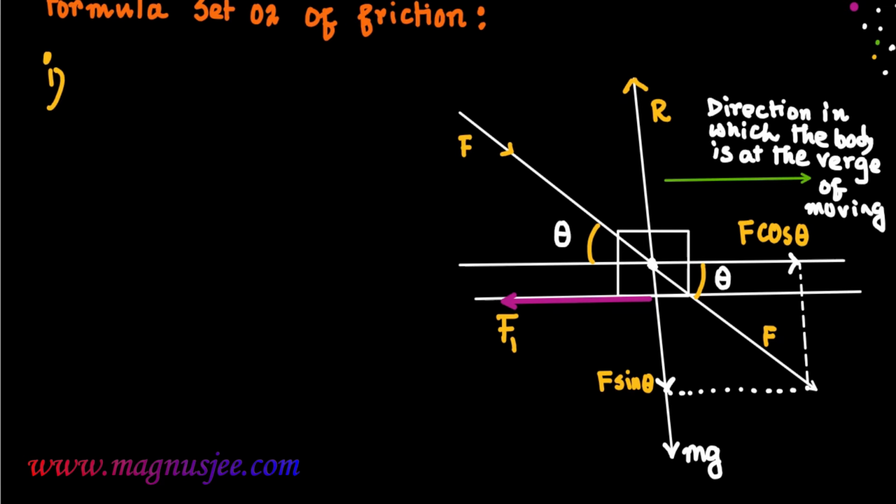Fl is the limiting friction which comes into play when the body is at the verge of moving towards right, and limiting friction Fl acts towards left.